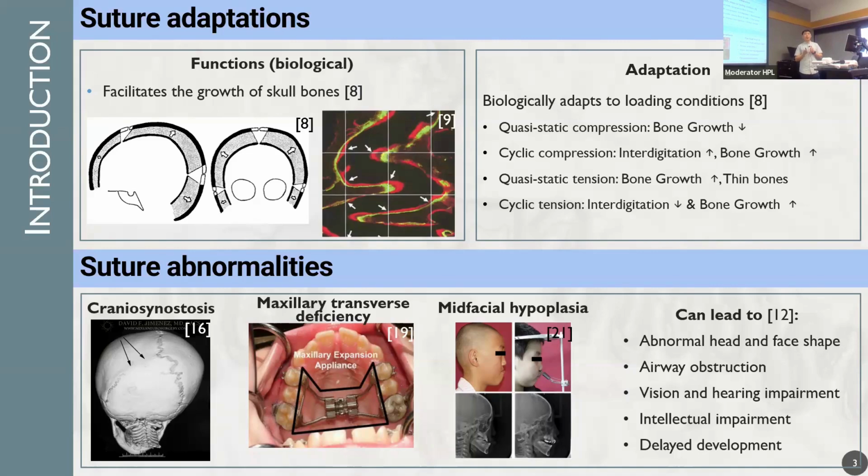So most of the standard treatments include some type of application of force. It's still trying to create a certain mechanical environment to maintain or promote proper growth of the skull. Surgeons are doing that, but there is no clear study of what type of mechanical environment will create what type of effect.